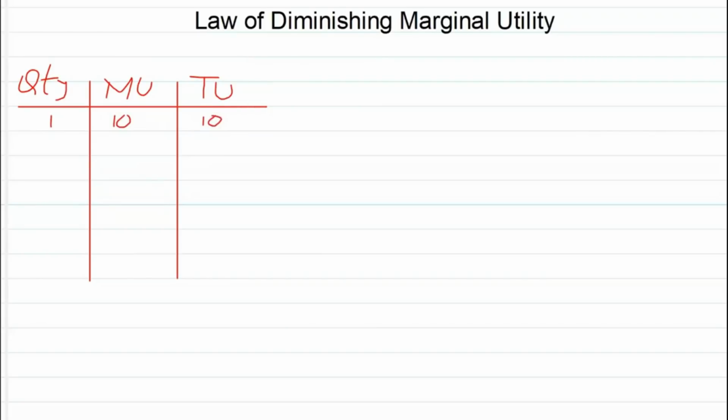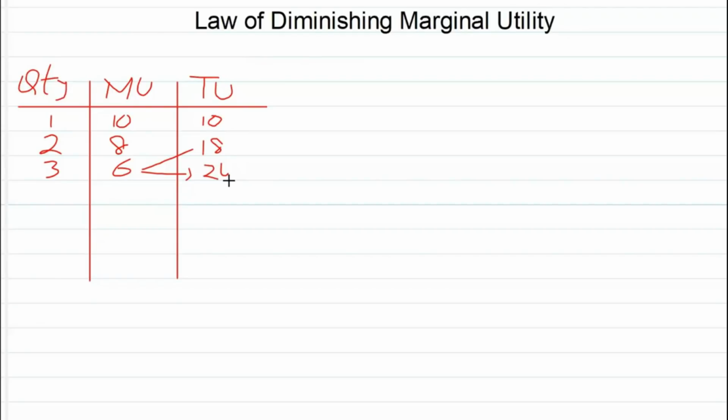And if he consumes the second unit of that product, then marginal utility will decrease from 10 to 8 units, but his total utility would be 10 plus 8, that is 18. And on the third unit, his marginal utility will further fall, so it will be 6, let's say, and his total utility will be 18 plus 6, and it will give us 24 units of satisfaction.